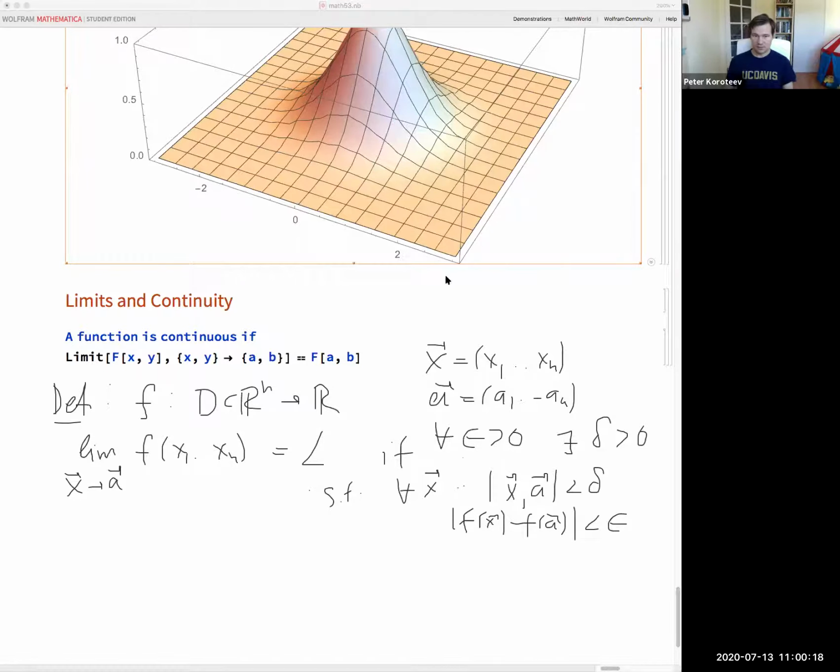And so this is the formal definition. It's a sort of direct generalization of the definition for a function of one variable. No, we're not going to do much proofs now.